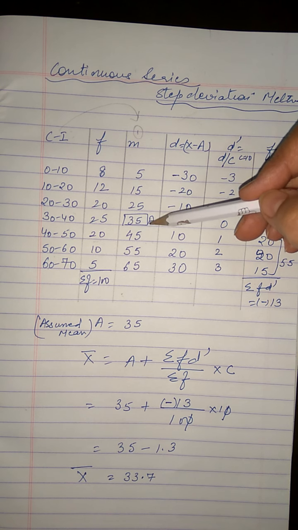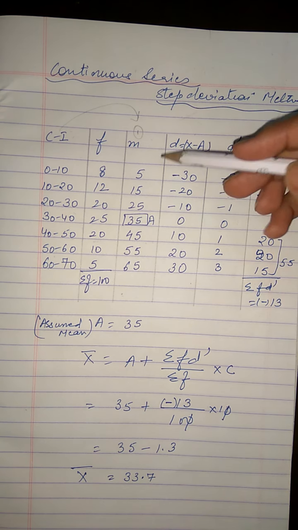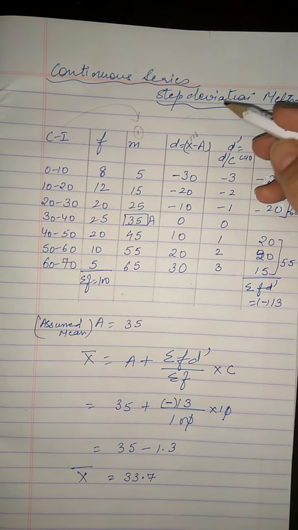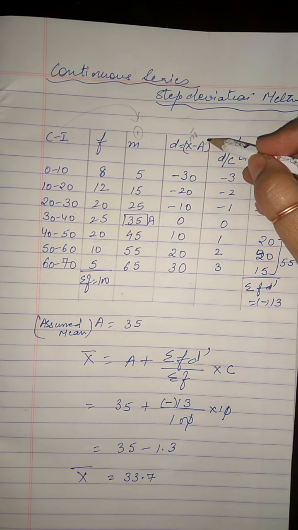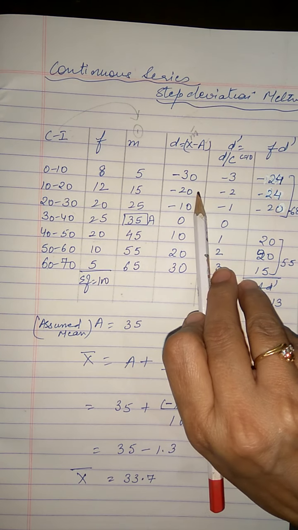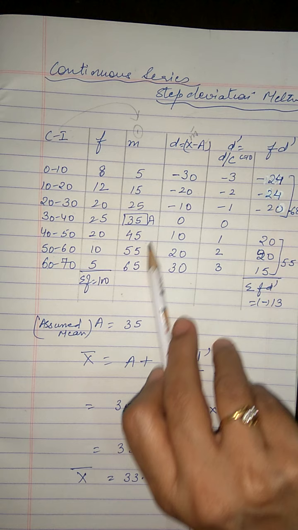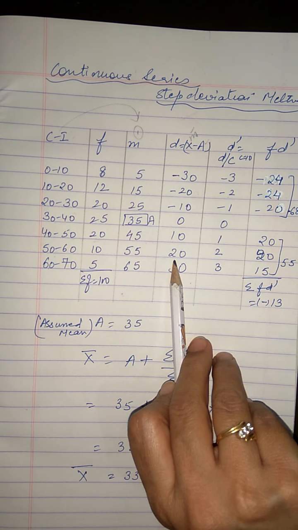Among the midpoints, we take 35 as assumed mean. Then from every midpoint, instead of x, we will write midpoint. From every midpoint, we will subtract the assumed mean. So 5 minus 35 is equal to minus 30. 35 minus 35 is equal to 0. 55 minus 35 is equal to plus 20.